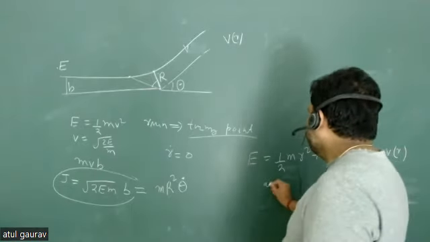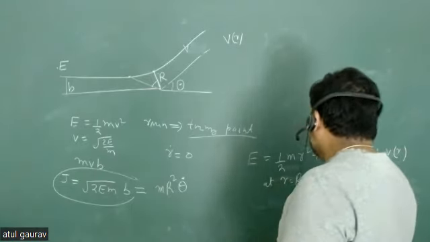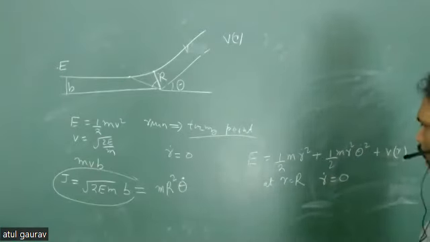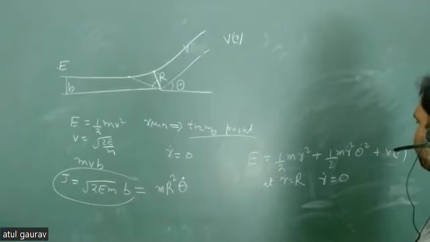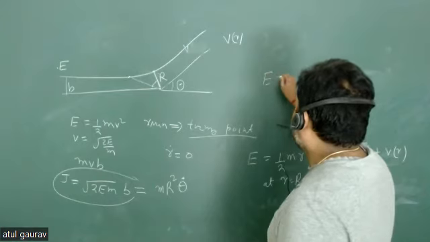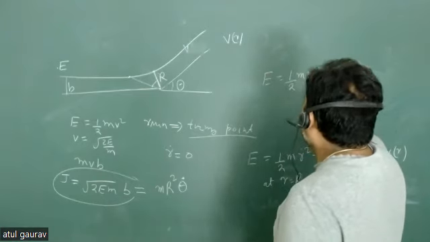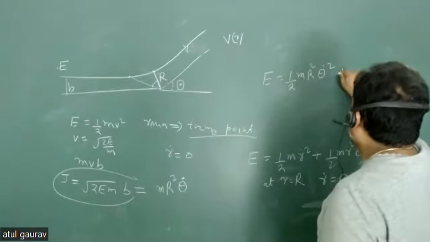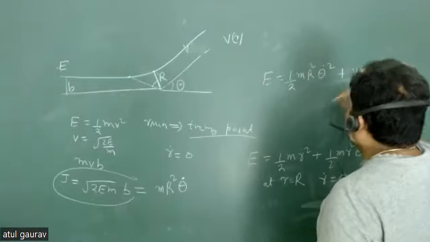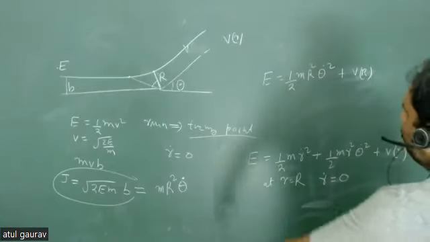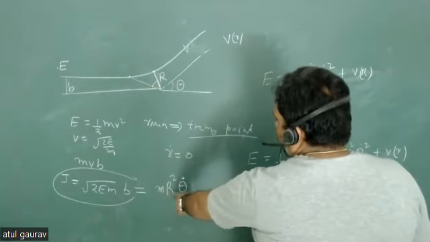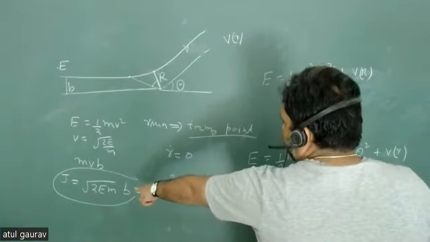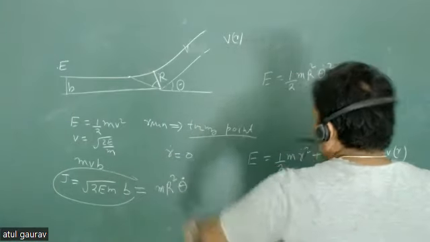Now at r is equal to capital R, r dot is equal to what? 0. Because it is R minimum. So what will happen? E is equal to half m R square theta dot square plus V(R). Now look here. We can easily replace m R square theta dot with this particular thing. Replace कर सकते हैं.